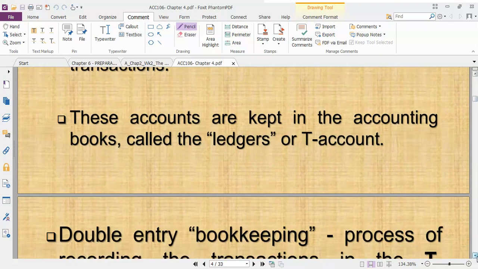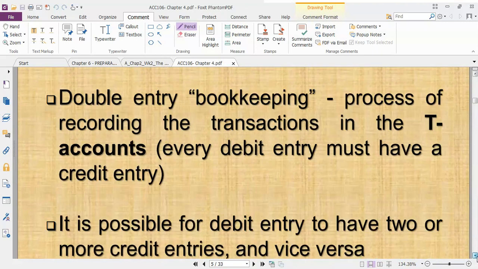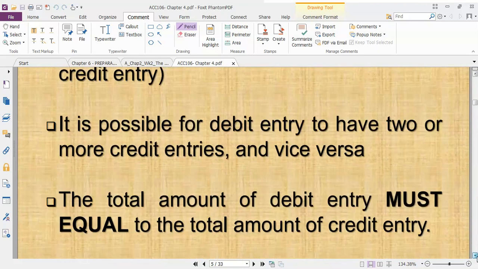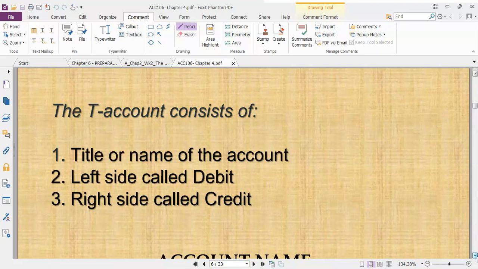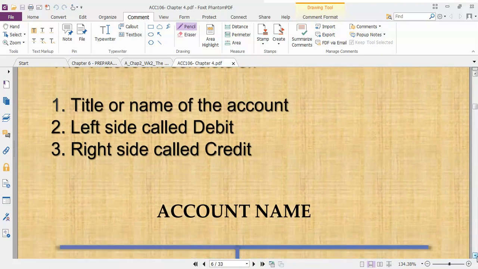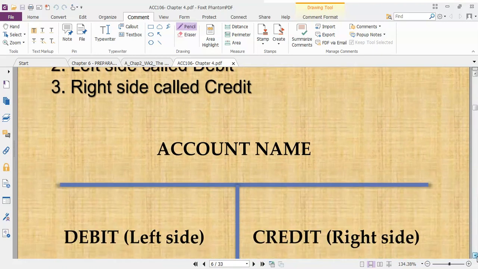So you kena tahulah T account tu macam mana. Bentuk dia T, ada debit and credit side. Tadi kita dah bincangkan benda tu. T account ada title or name of the account. Left side called debit, right side called credit.